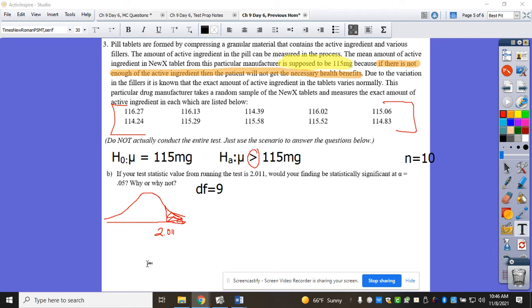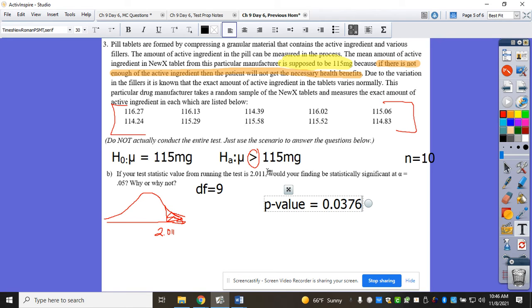Your upper is 1E99. Your degrees of freedom is 9. And you should get a p-value of 0.0376. I was using second distribution TCDF to get there.